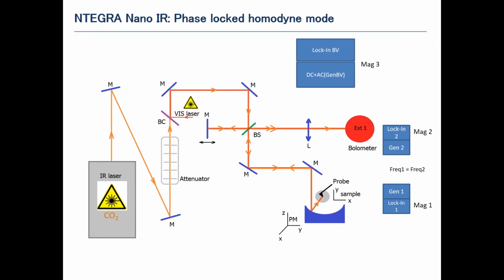We proposed another approach that we call the phase-locked homodyne mode. We have the light source. In our case, this is an infrared CO2 laser at 10.6 microns, that then goes through the attenuator to the microscope interferometer, and then goes to the area of interaction of the probe and the sample.